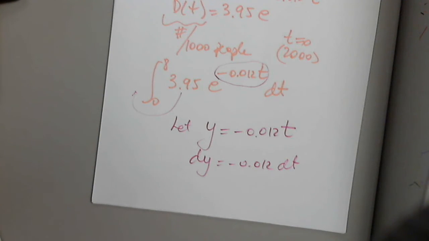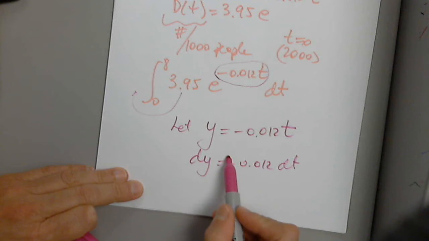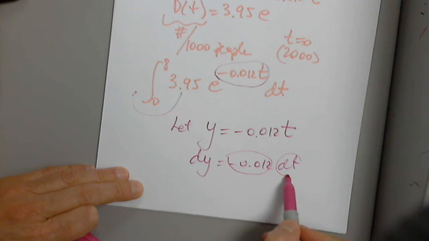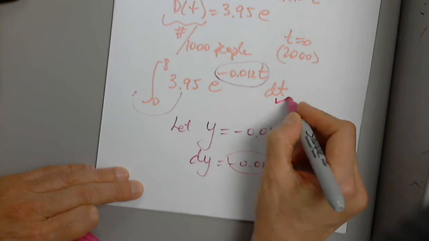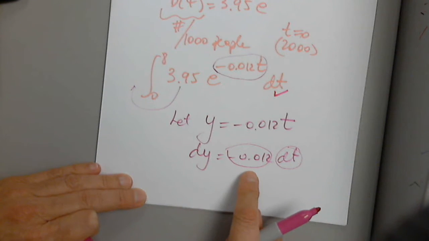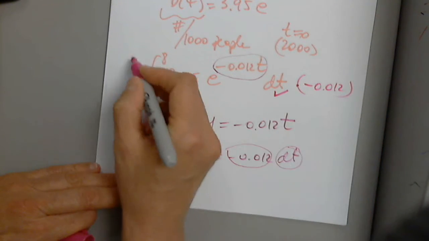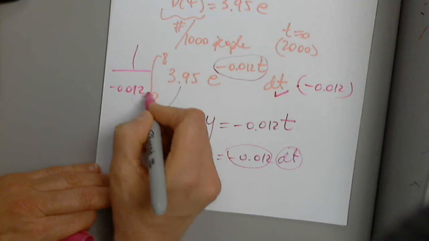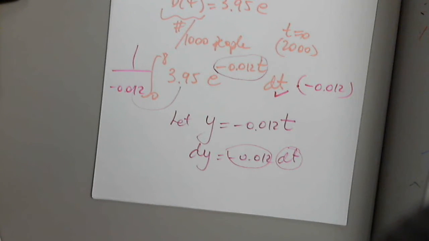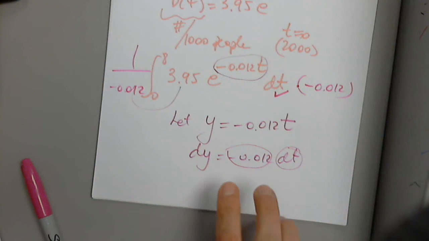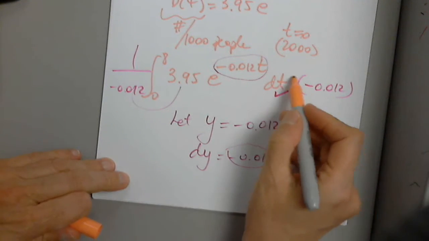So I have dy being a product of two pieces. One piece is here, but I don't have this piece. That's not a problem. I can multiply by negative 0.012 and divide by negative 0.012. Now I have dy composed by these two pieces. This will be my dy.